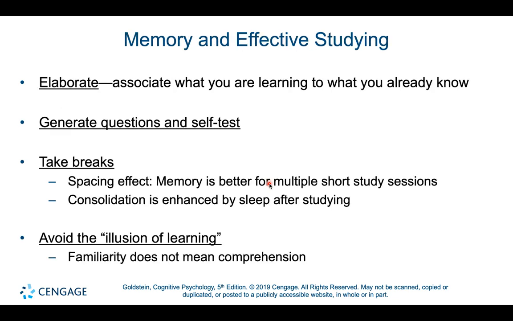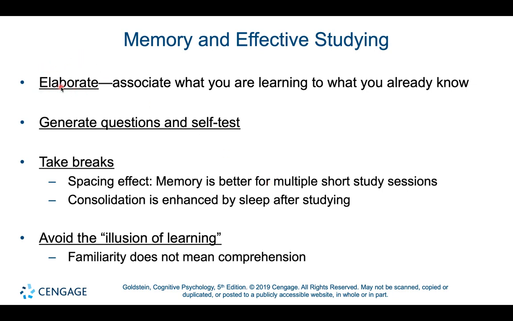Okay. So our last slide here. What can we take away from all of this information about encoding, retrieval, and consolidation that will help you remember information better in your day-to-day life, and particularly studying for exams?